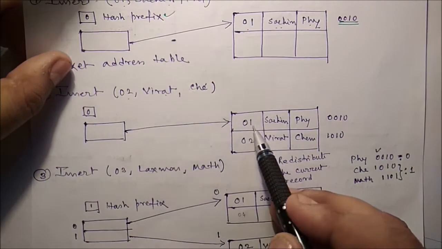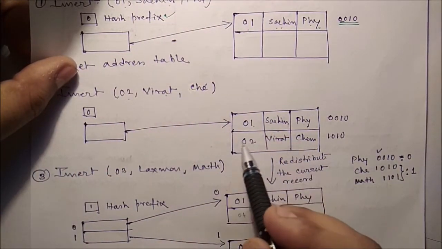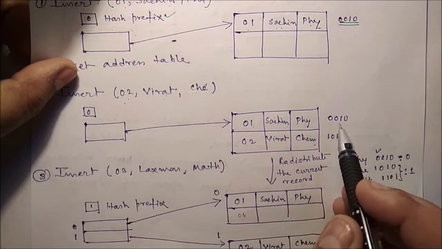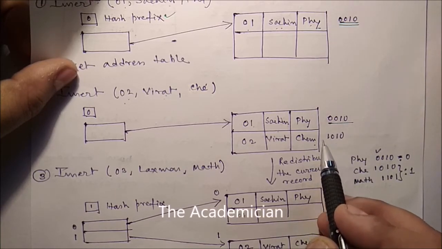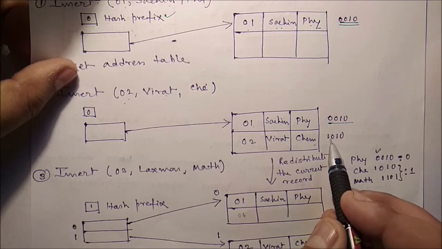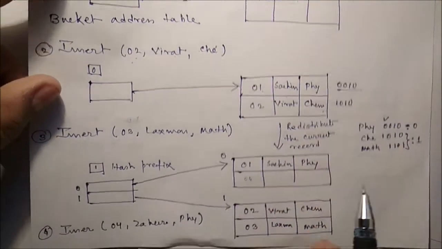Roll number 1 Sachin physics is already present here, and here we insert the second record, roll number 2 Virat chemistry. Here the first 4 digits are 0010 for the first record, and for the second student the first 4 digits are 1010, that is for chemistry, 1010. Are you getting this one?